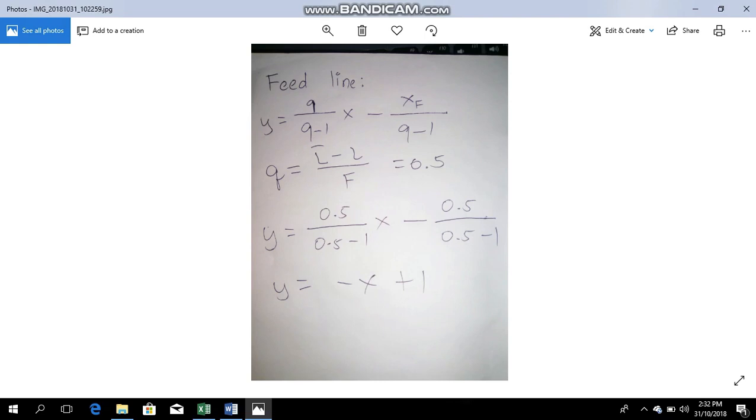So Q now is 0.5, and plugging it in our equation, the final equation is y is equal to negative x plus 1. So remember this equation, the feed line equation is y is equal to negative x plus 1.